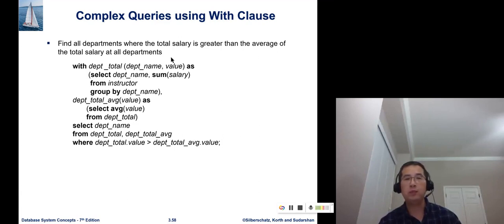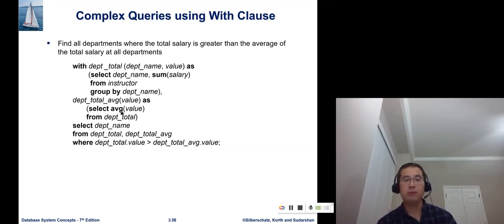That means this one is one department's total salary, and this one is that you average all the total salaries of all the departments. For each department you get a total salary, and then you calculate the average total salary. If one department's total salary is larger than the average, you output that department's name.